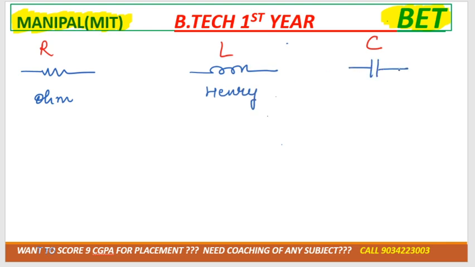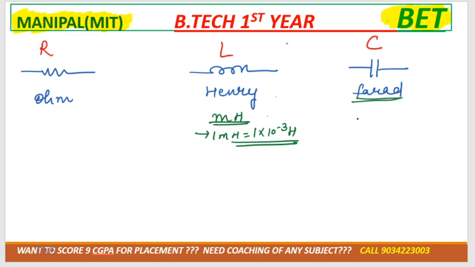C is the capacitor and its unit is farad. Generally, they'll give the inductor in millihenry. So 1 millihenry is 1 into 10 raised to power minus 3 Henry.